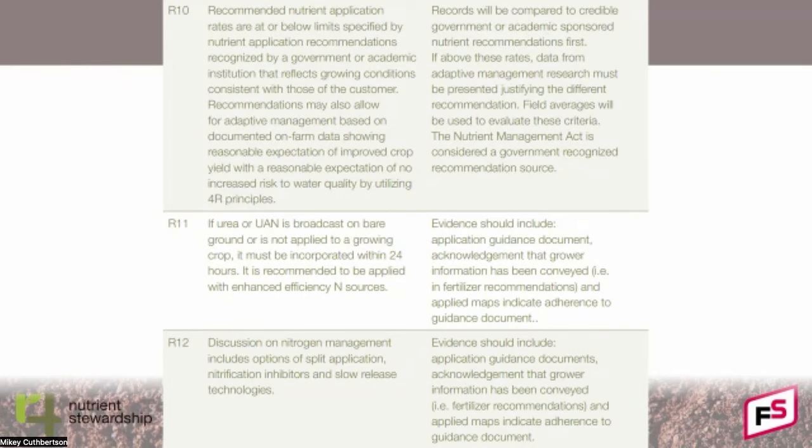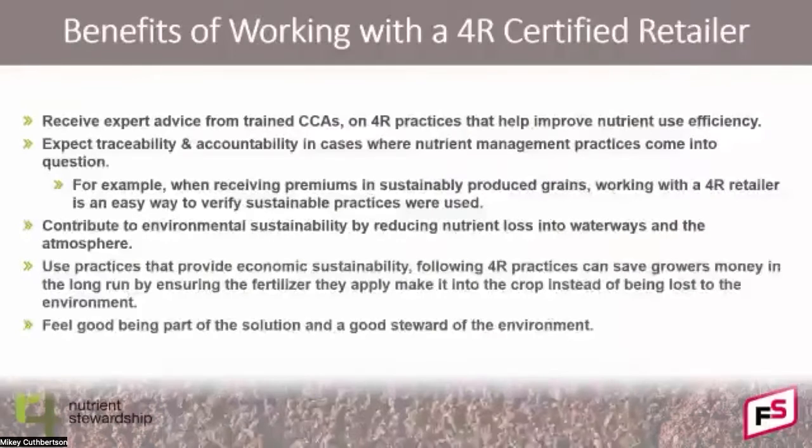This is just an example. I'm not going to bore you with all of the standards, but an example of what we abide by. An example of a recommendation standard that we get audited on is discussing nitrogen management options, so split application of urea or nitrogen, using slow release technologies or nitrification inhibitors. Those are all part of management practices that we as a retailer are promoting and recommending to you as a grower.